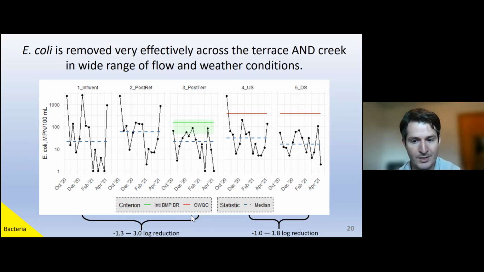And the log reductions we saw here ranged from -1.3, which would mean that increase I was talking about, up to 3.0, which is something like 99.9% reduction in some events. So pretty good. And then on the creek, the same thing. A couple times bacteria went up comparing the upstream and downstream sites, and most of the time it was reduced.